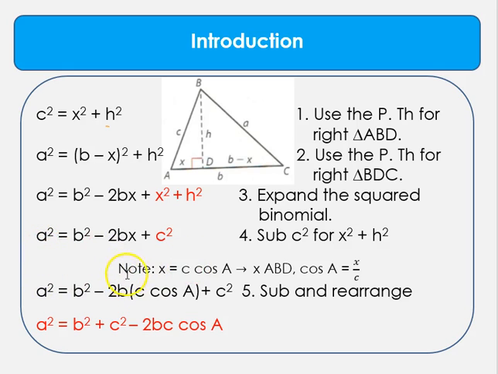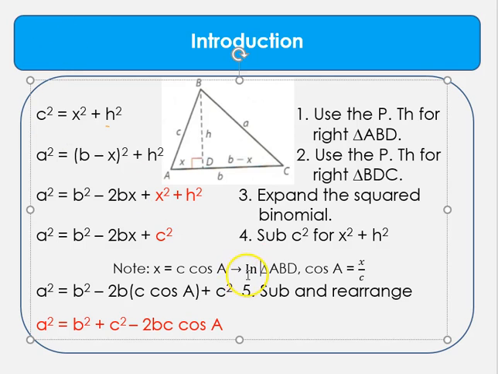We have a note here, and this note says that x, this x right here in the equation, actually equals c times cosine A. So we have x equals c cosine A, which leads to cosine A equals x over c.